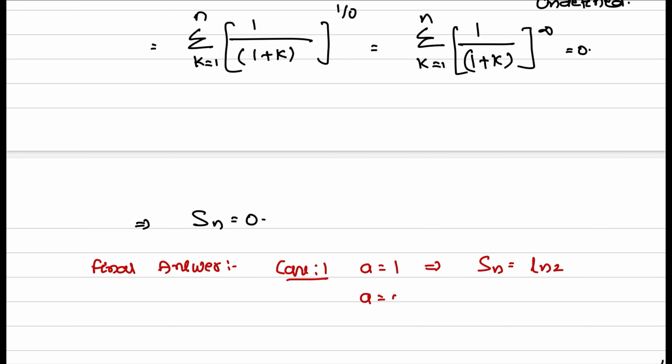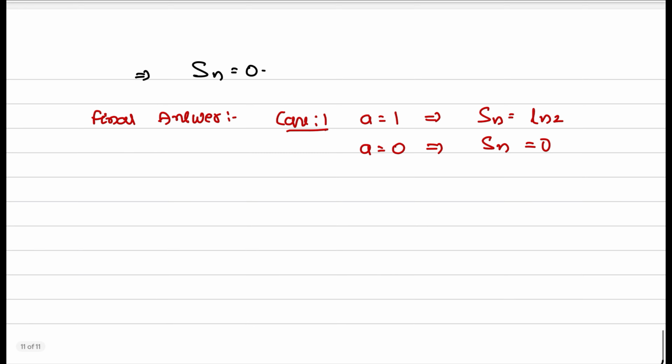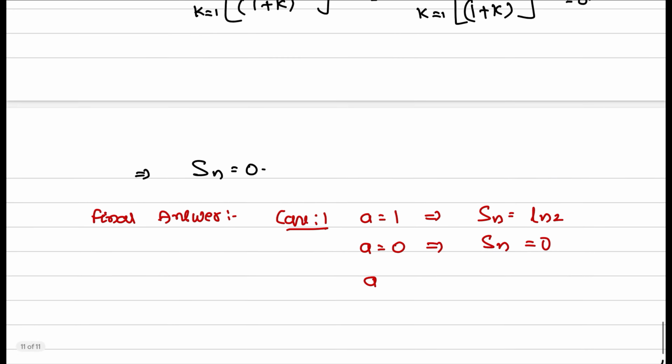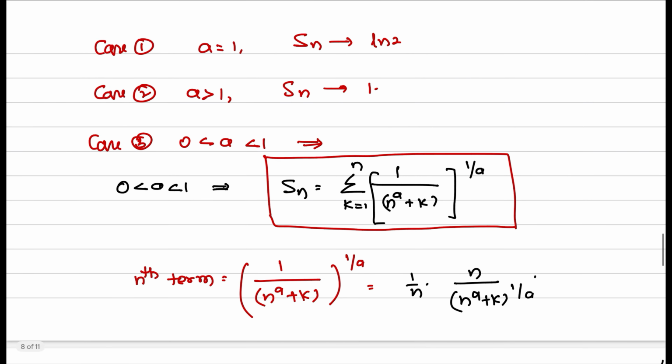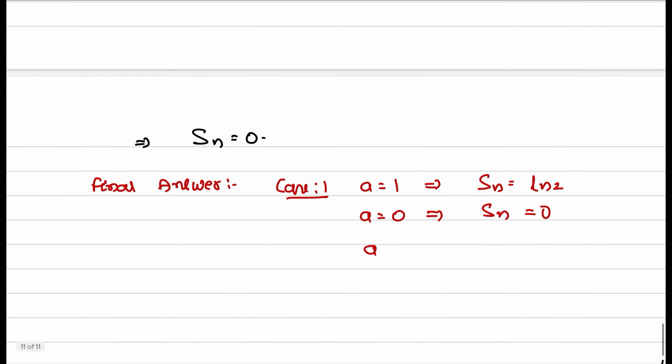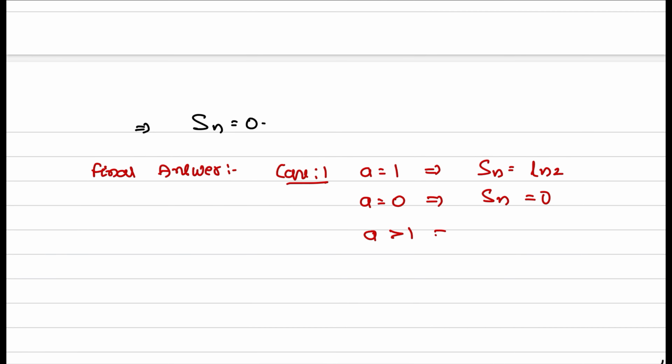When a is equal to 0, Sn is equal to 0. When a is greater than 1, Sn is equal to 1.